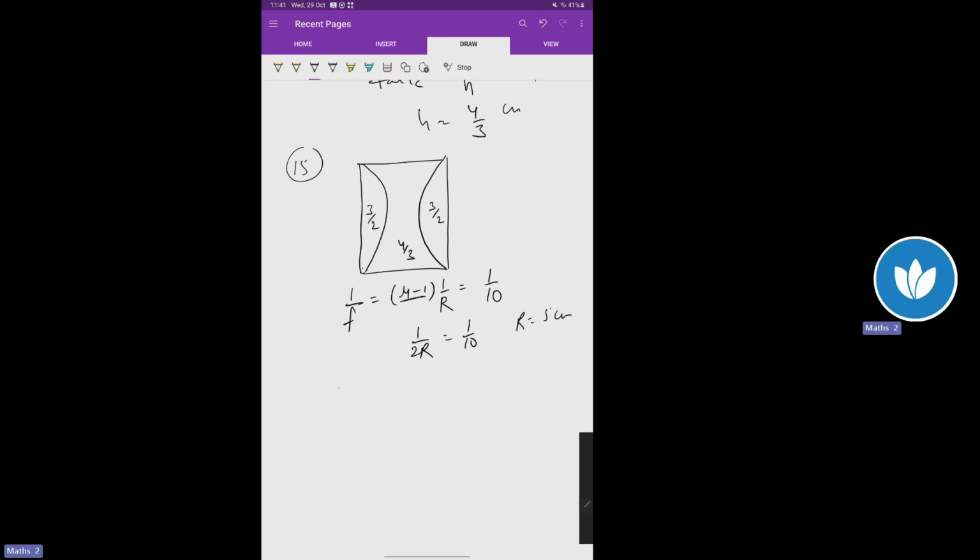And net power is P1 plus P2 plus P3. This is 1 by F1, 1 by F2. This is concave, so minus 4 by 3 minus 1 into 2 by R.